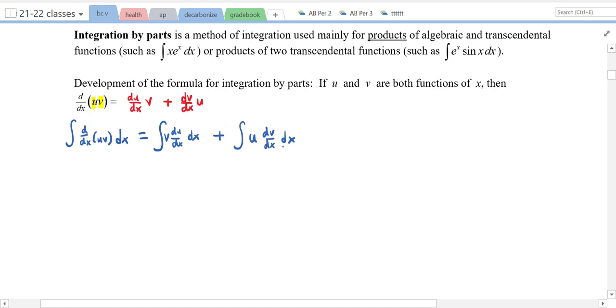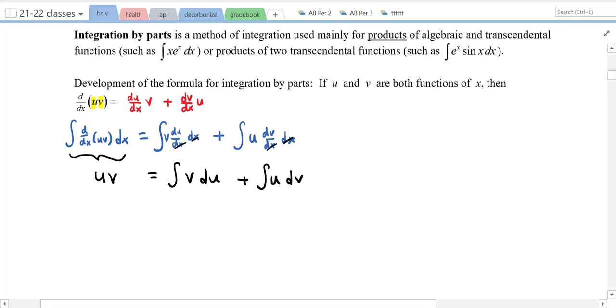Now, hopefully you'll see that when you simplify the left-hand side, this just becomes, well, what's the derivative of the integral? Those are inverse functions, so you're just left with what you started with, uv. And then here, you'll see that the dx's can cancel out, so you've got the integral of v du, and then over here plus the integral of u dv.